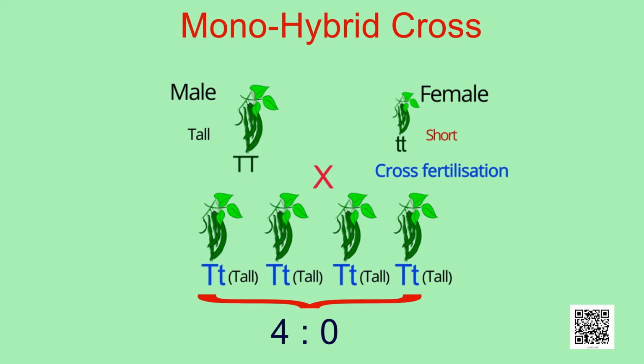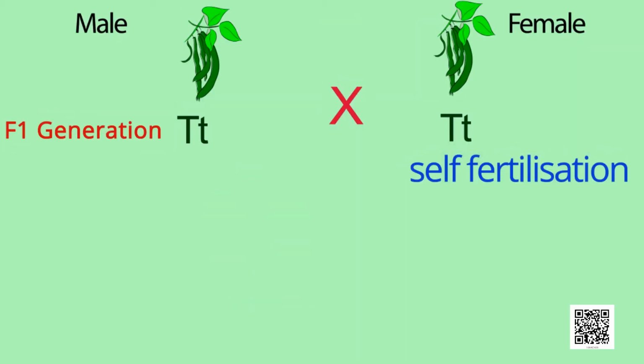But children, are these results not surprisingly different from what we normally expect? So Mendel further carried out his experiments and selected two tall plants from those which he obtained after the crossbreeding in the F1 generation. He then carried out their self-fertilization.